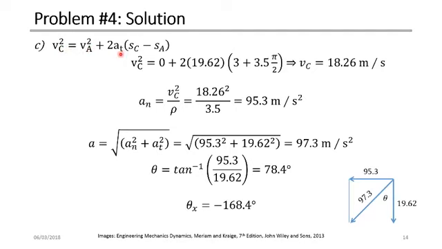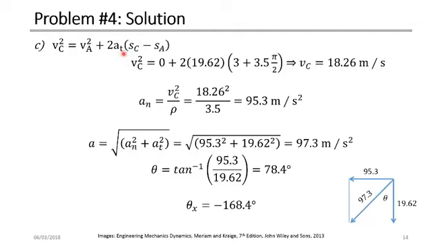The tangential acceleration here is constant because the particle moves only under a constant force, which is the weight. So we don't have any changing forces here. That's why the tangential acceleration is going to be constant.